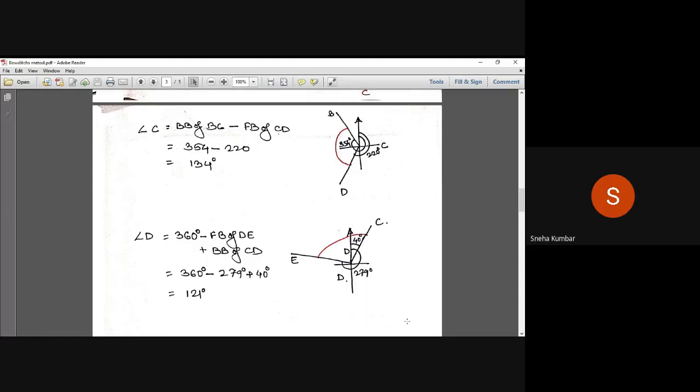Don't know. I have told earlier also: 2n minus 4 into 90. Do you remember this formula? Summation of all angles should be equal to 2n minus 4 into 90.